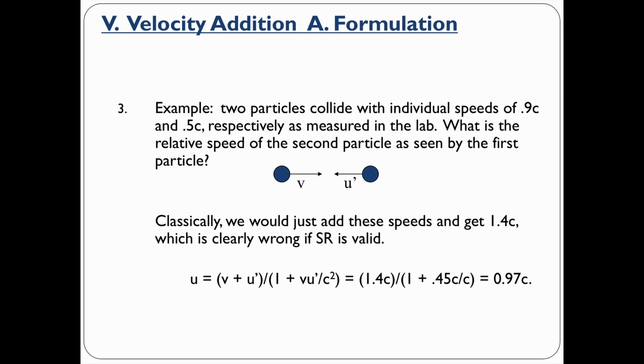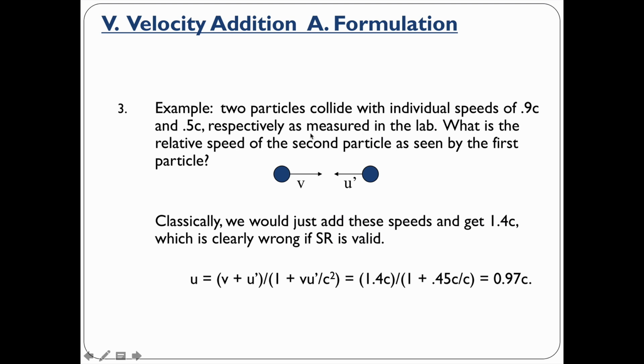But this is clearly not right if special relativity is valid. The combined speed, the closing speed, is going to be v plus u prime over 1 plus v times u prime divided by c squared, or 1.4c divided by 1 plus 0.45, or 0.97c.